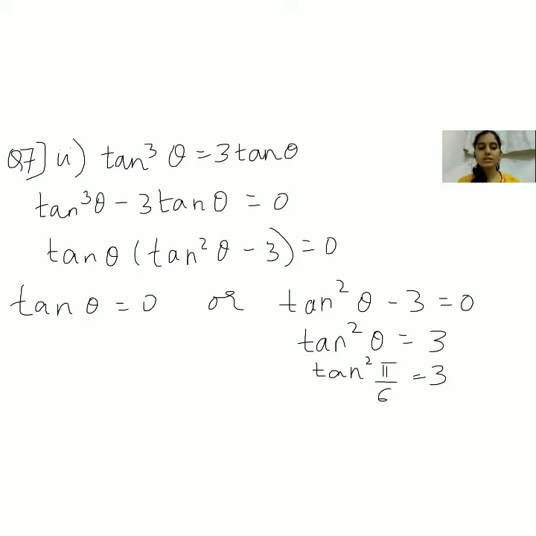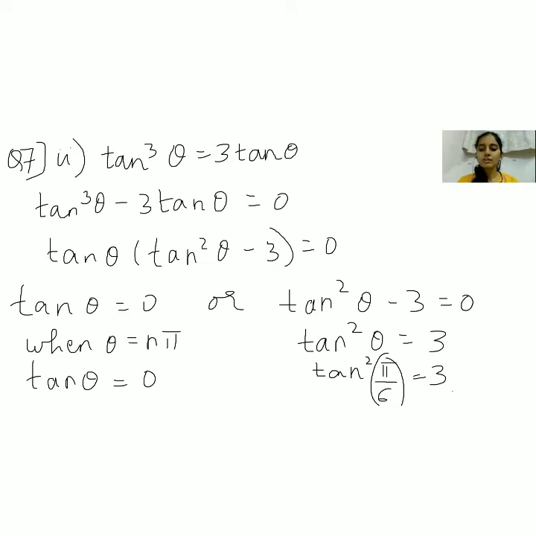We had done these relations wherein tan theta, cos theta and sin theta will be 0 for particular angles. So for tan theta, when is it 0? When theta is equal to n pi. So when theta is equal to n pi, tan theta is equal to 0, right? And otherwise, theta has to be pi by 6 for the answer to be 3.